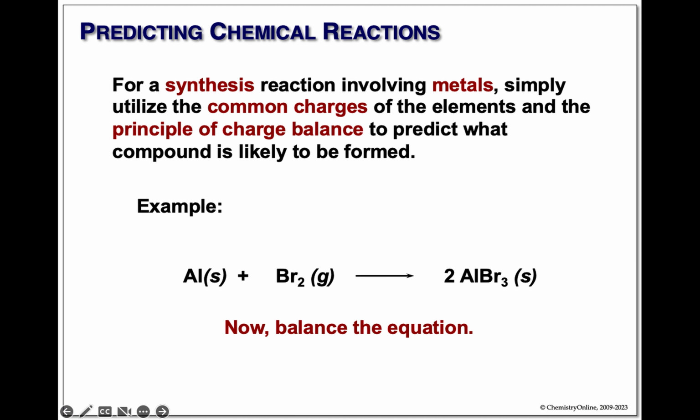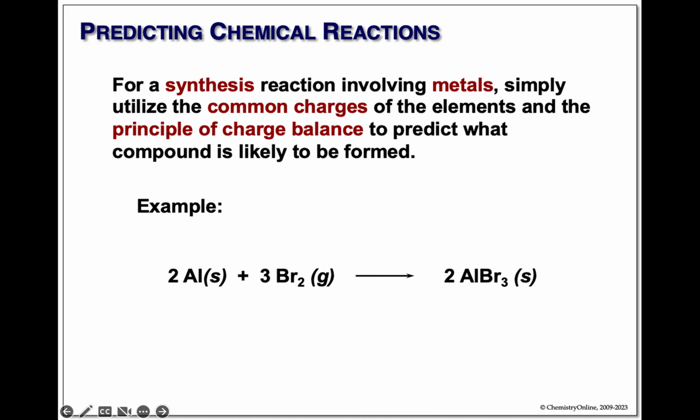Now, to do that, we need 2 aluminiums on this side. We have introduced 6 bromines. They come as pairs, so we need a 3. That's our equation. Any questions?